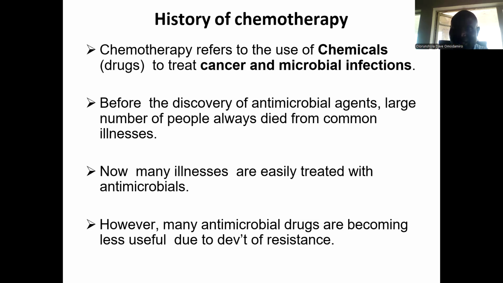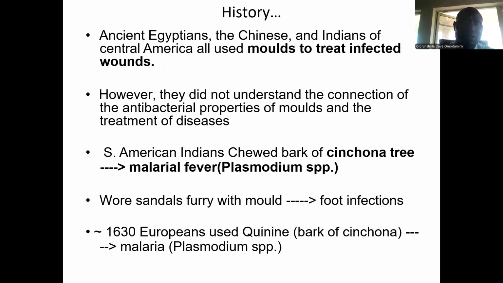Now, many illnesses are easily treated with antimicrobials. However, many antimicrobial drugs are becoming less useful due to development of resistance, which is one of the greatest problems with antibiotic chemotherapy agents, drug resistance.